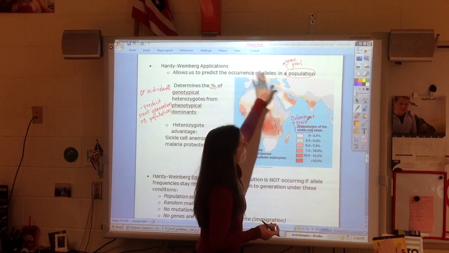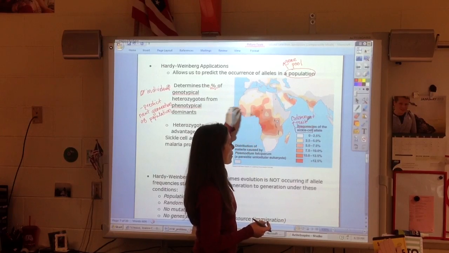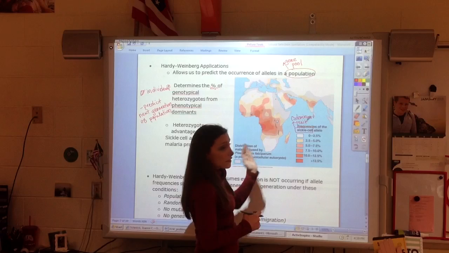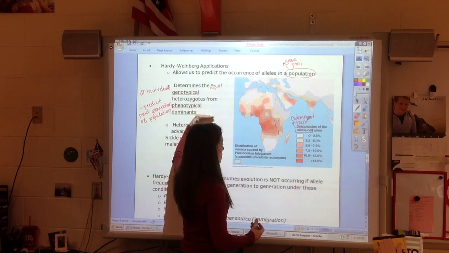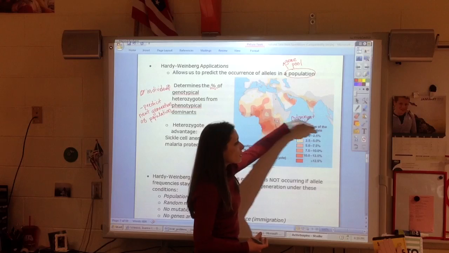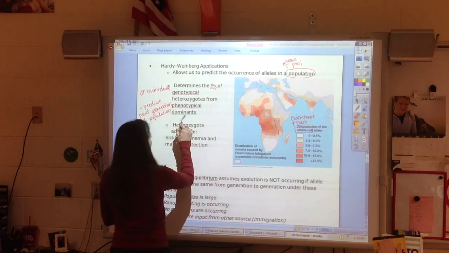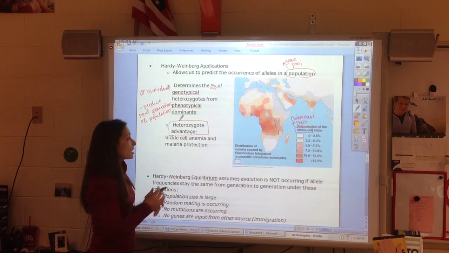So what we see when we look at the frequency of the allele is we see certain pockets where the frequency is significantly higher than in other areas. And if we were looking at a global map, we would actually see a very similar trend very close to the equator. It turns out that there is something called a heterozygote advantage.